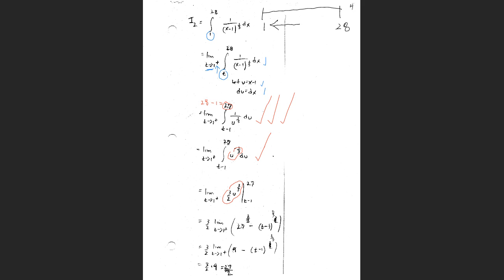You're looking for the antiderivative of u to the negative 1/3. So you take u to the negative 1/3, add 1, and then below you have negative 1/3 plus 1. So that's going to be u to the 2/3 power.